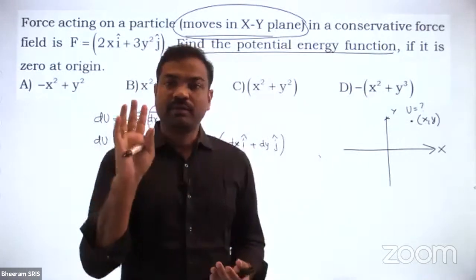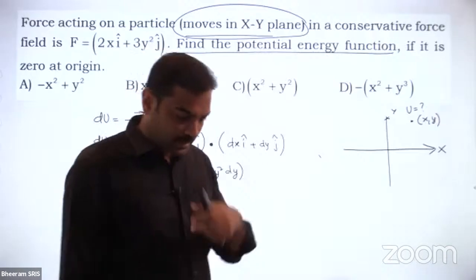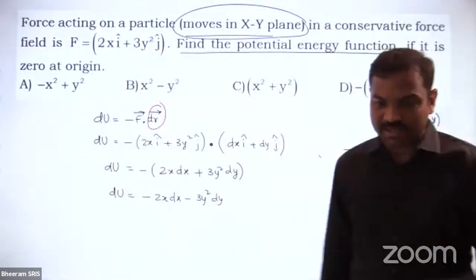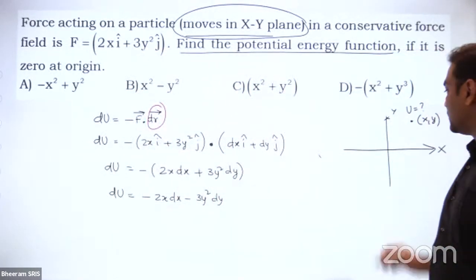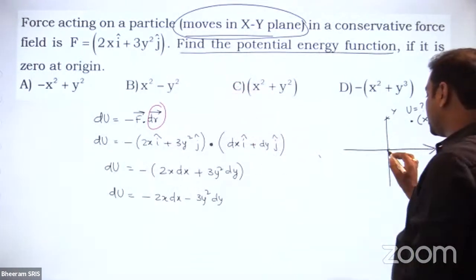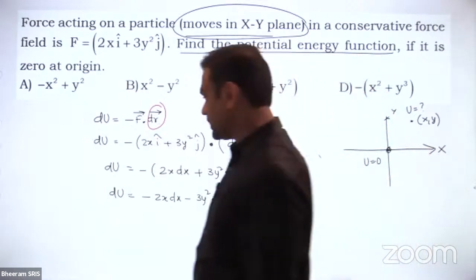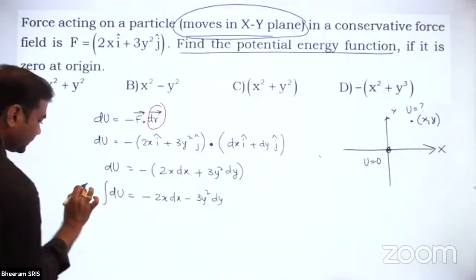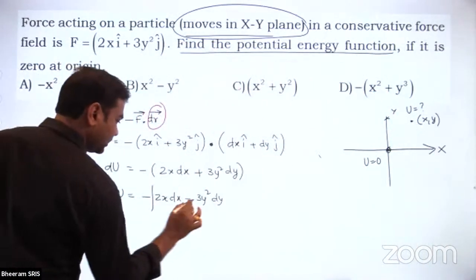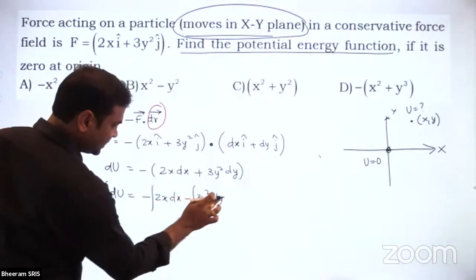But you can always define potential difference. Hope you remember; this I explained a lot. So that's why they have given the zero. Zero at the origin. At the origin, potential energy is 0. So that's why what we do, we'll integrate all the terms. Now these are the x terms, these are the y terms.